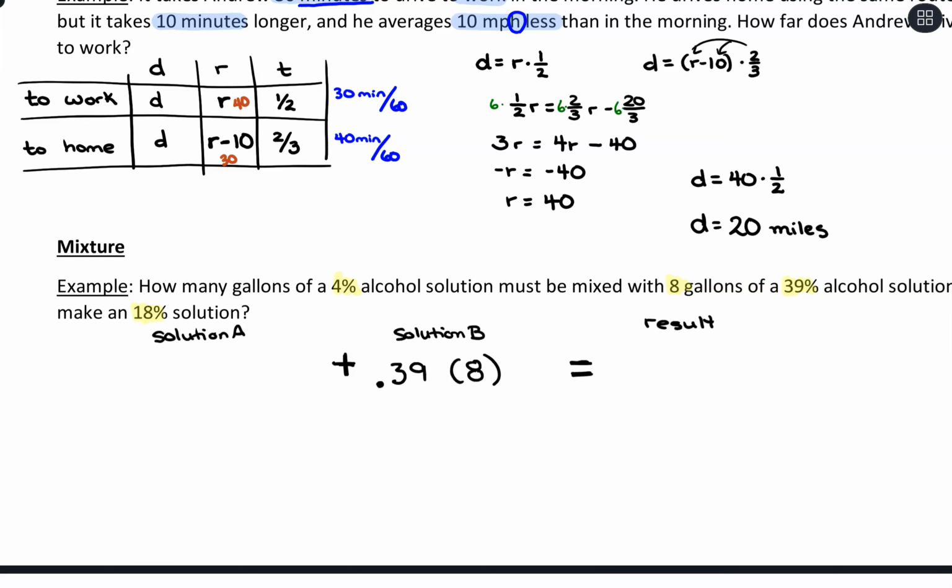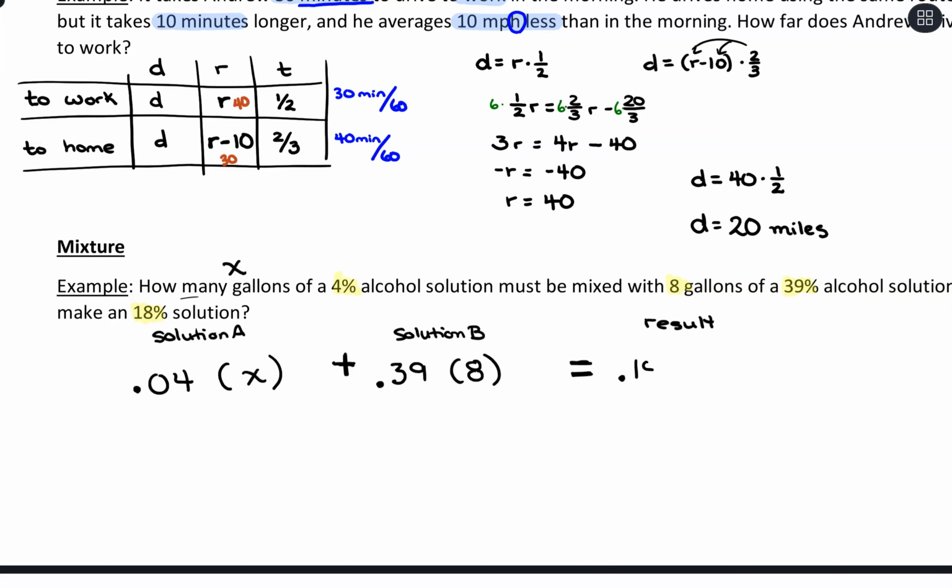And then from this first one, I don't know how many gallons I have, so that's going to be my variable, but 4% of that is alcohol. So we're going to take 4%, which would be 0.04 of however many gallons we're taking there. And what we're ending up with is 18% alcohol solution.